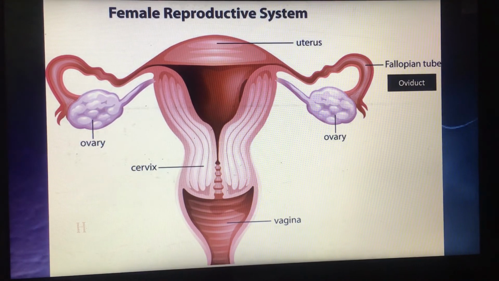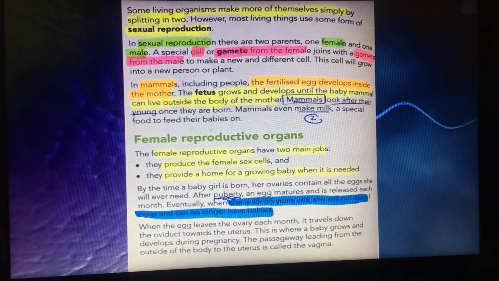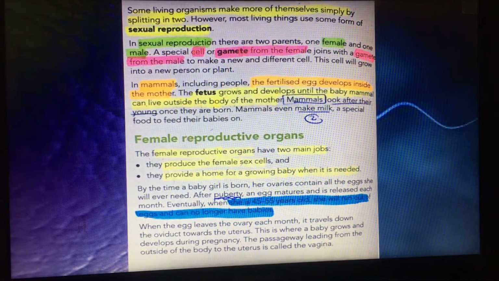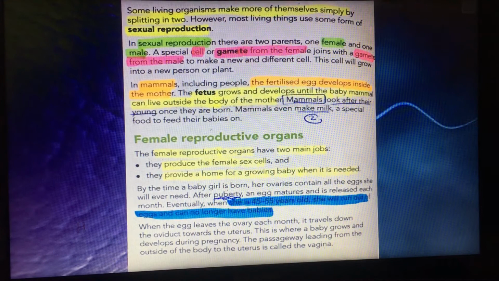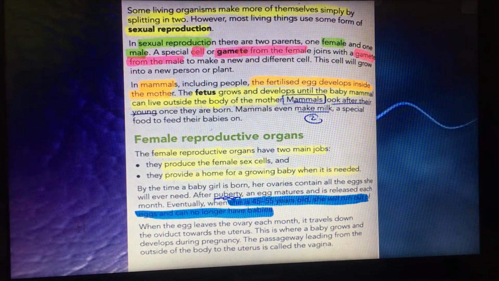Okay, now let's open the book to page 52 to highlight the main things that we need. As we said, some living organisms reproduce themselves simply by splitting into two, like bacteria, which split into two cells to reproduce. This type of reproduction is called asexual reproduction.